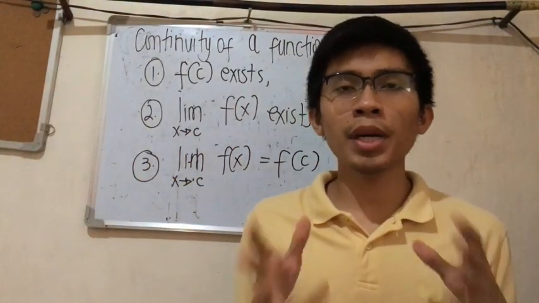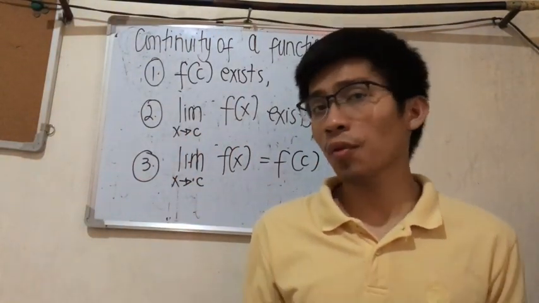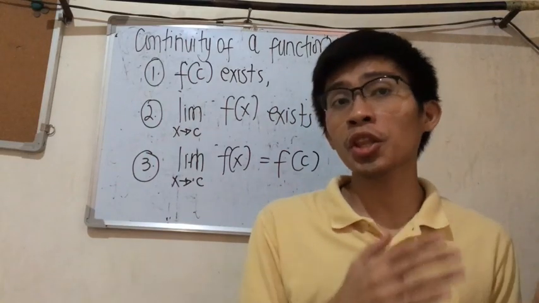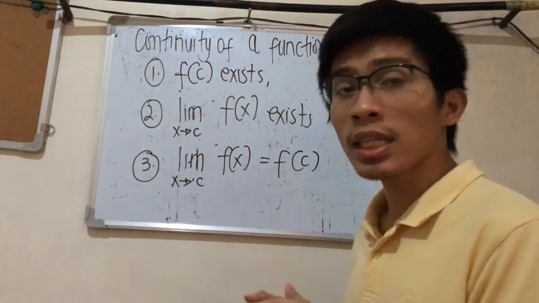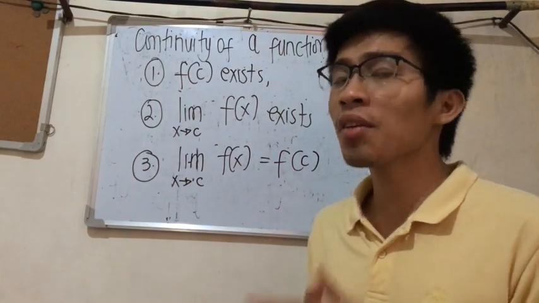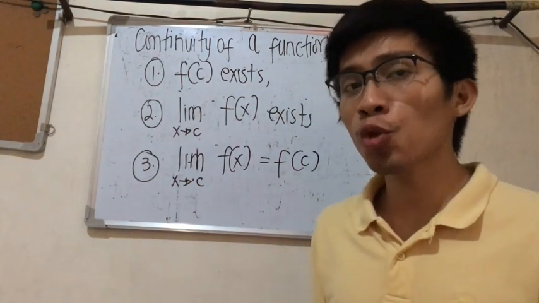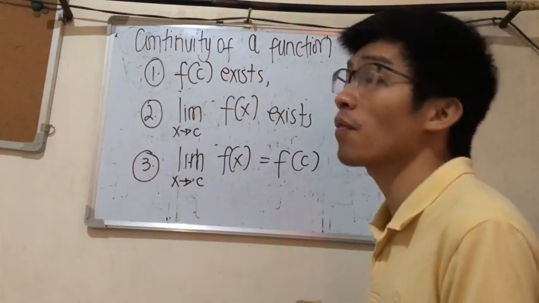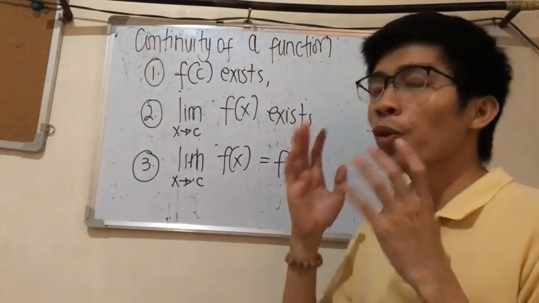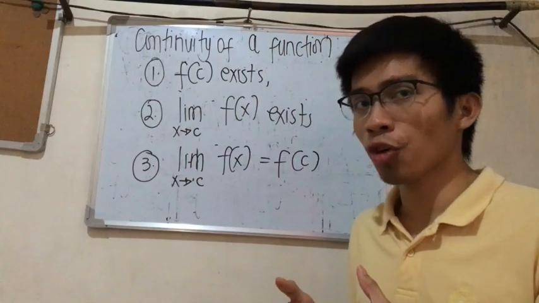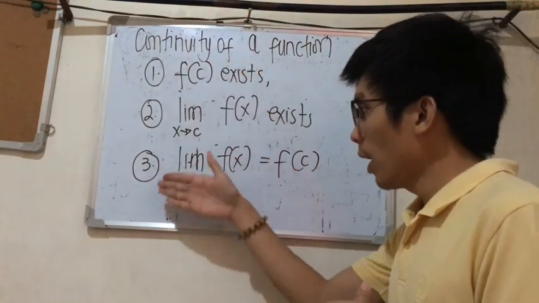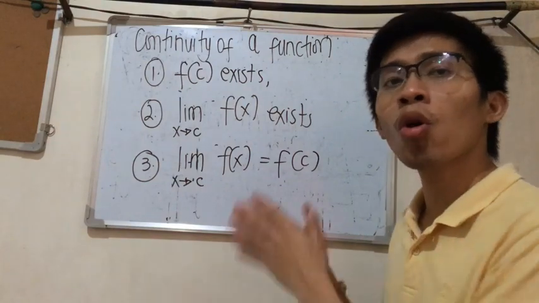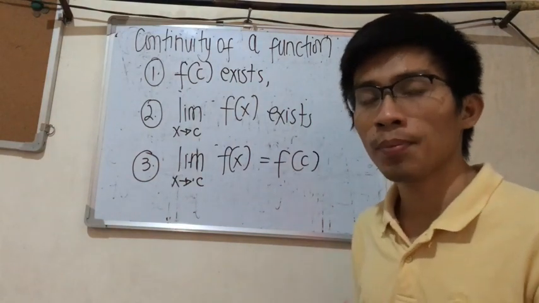Okay, since we happen to identify if the function is continuous or not continuous, here are some points that we have to consider in identifying continuous or not continuous of a function. We can only say that the function is continuous if and only if it follows all of these considerations.